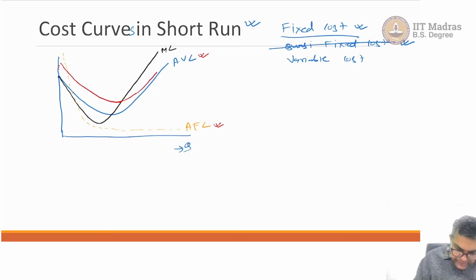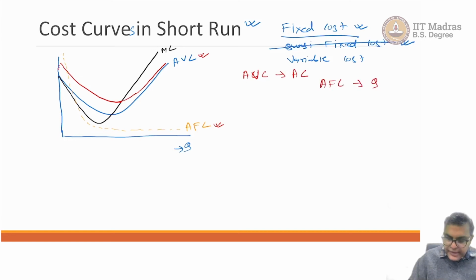As we increase Q, the average variable cost should asymptotically touch the average cost curve. What it means? Because for very high output, AFC will go to 0. For very high output, AFC is tending to 0. So ultimately they will become the same. Notice that the marginal cost curve cuts the average variable cost curve as well as the average cost curve.